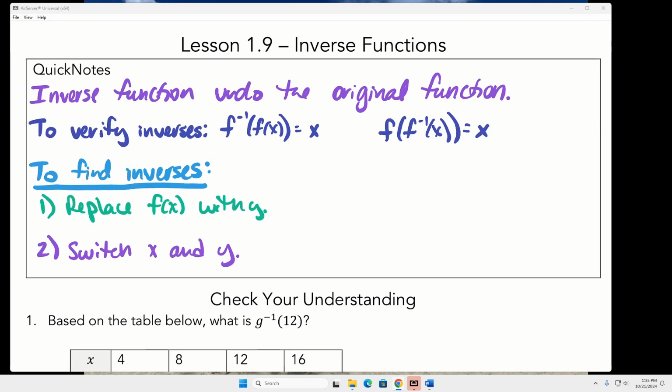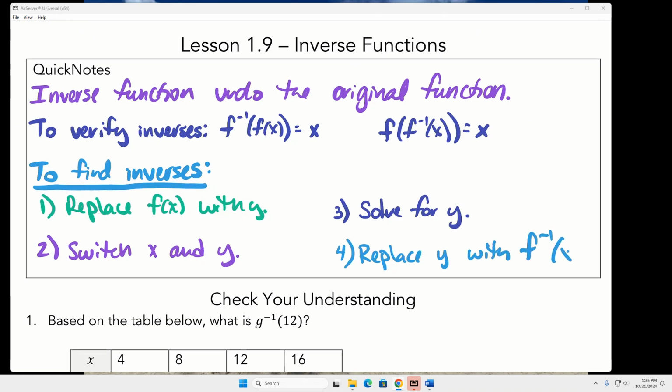That is also no big deal. Step 3 is the most algebraic step where you have the most work. So step 3 is to solve for y. And then the last step is another super easy step. You're going to replace y with f inverse of x. So you replace y with the inverse notation.